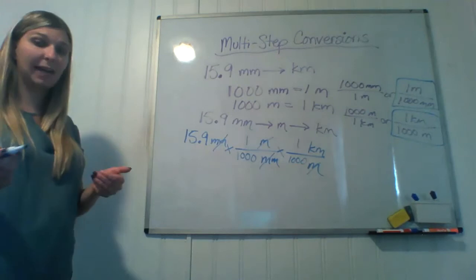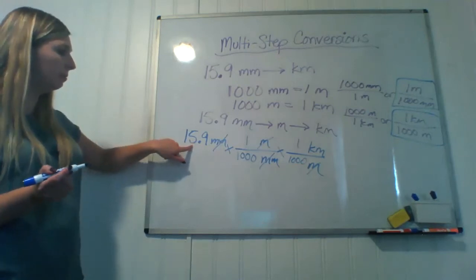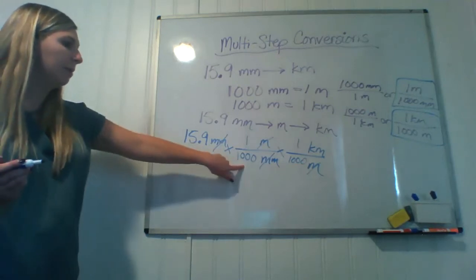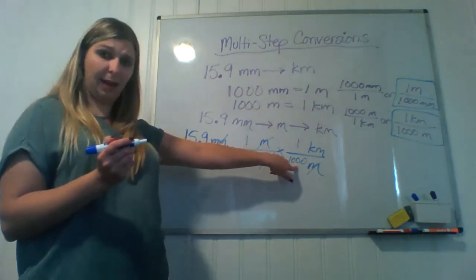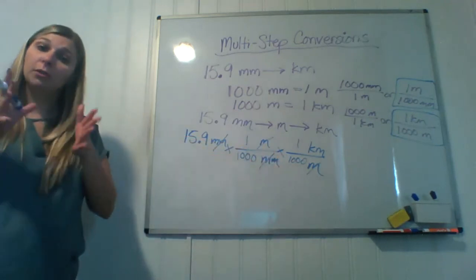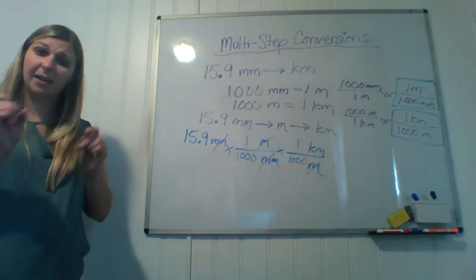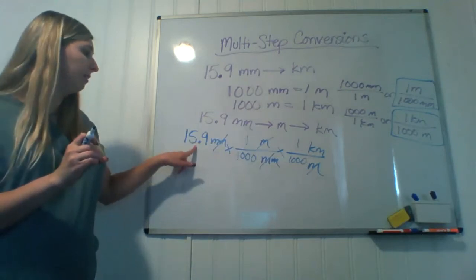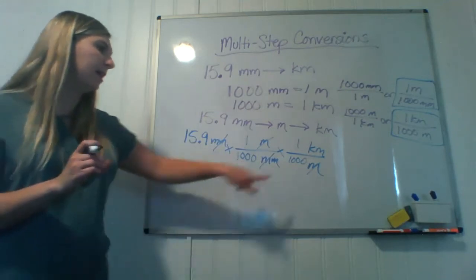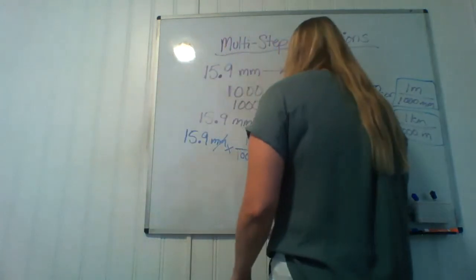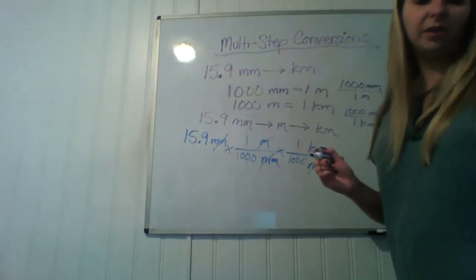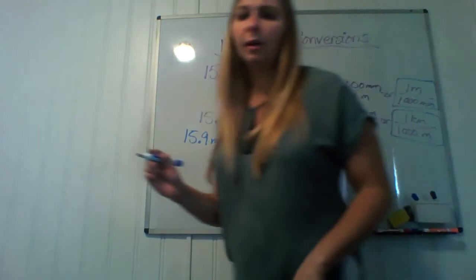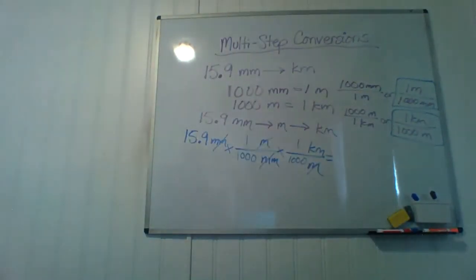Now to do the math here, we're going to do 15.9 divided by 1,000 divided by 1,000. Remember, you focus on your units first, then you do the math. If you have a calculator, it might be easier to do right now.